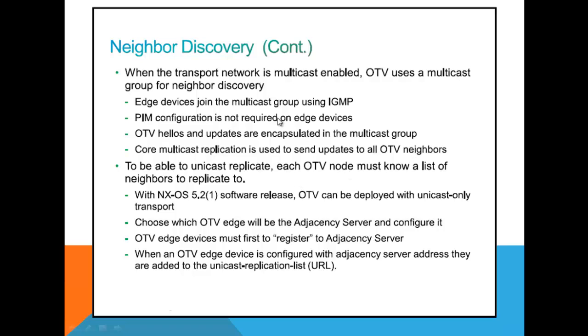If you don't want to do multicasting, if you want to do unicasting, it is supported from Nexus OS 5.2(1) version onwards, where you can do unicast. How? By creating one adjacency server and going and registering with that adjacency server. By doing so, you can do unicast to the remote OTV destinations.